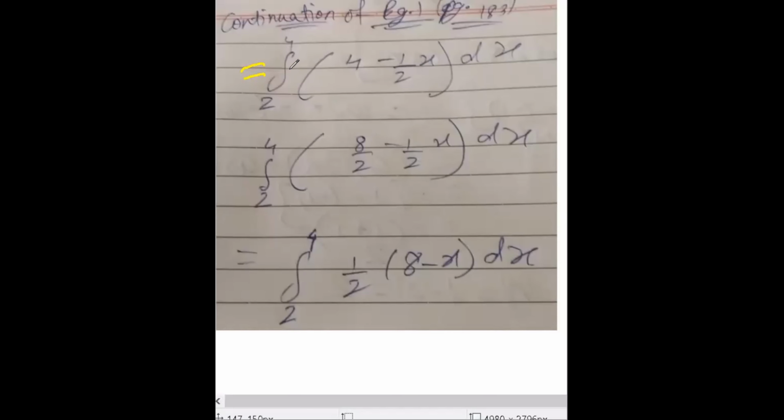So you have done the integration 0 to 4, 4 minus 1 by 2 x dx. You multiply by 2 here and divide by 2 here. Then 1 by 2 you have taken common, so it is 1 by 2 into 8 minus x.